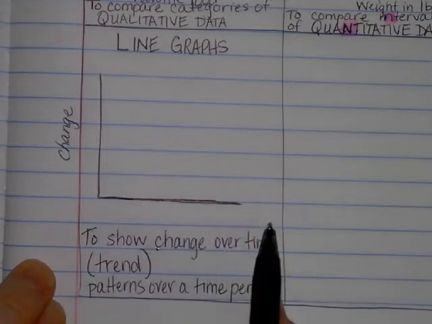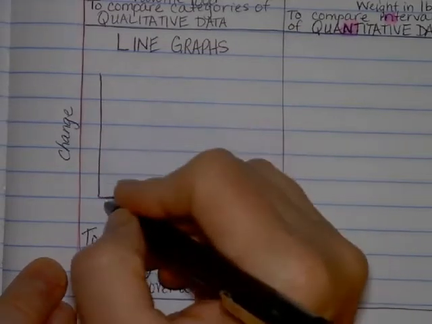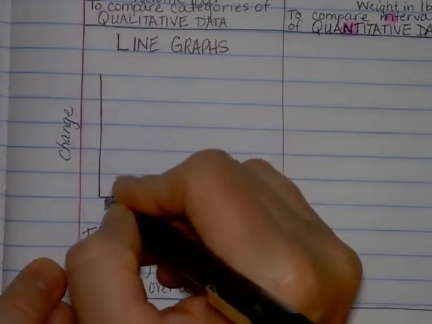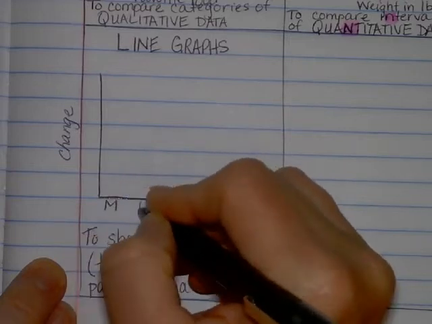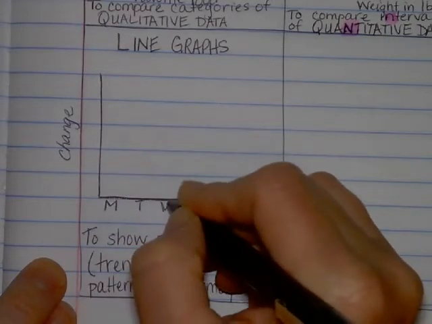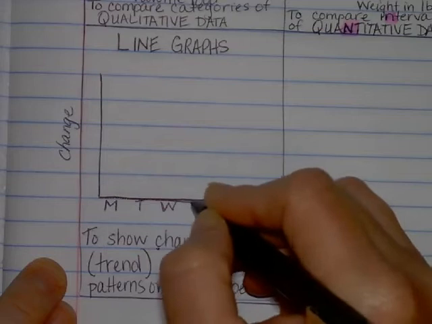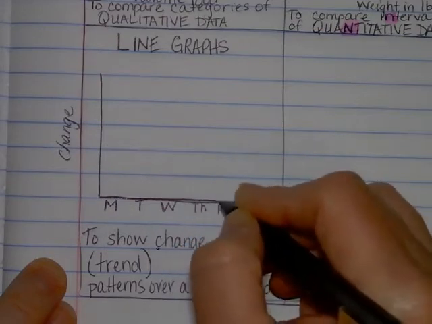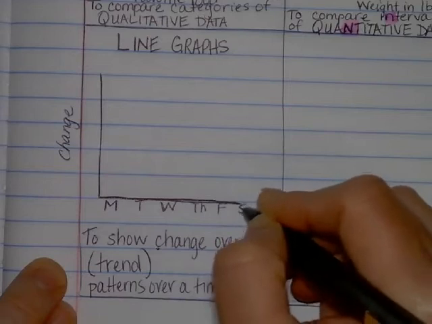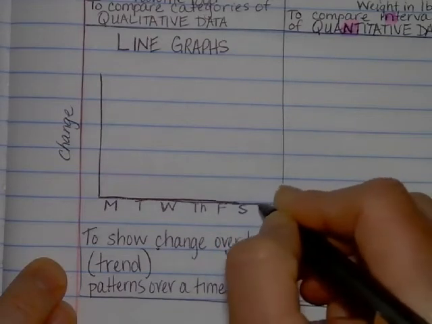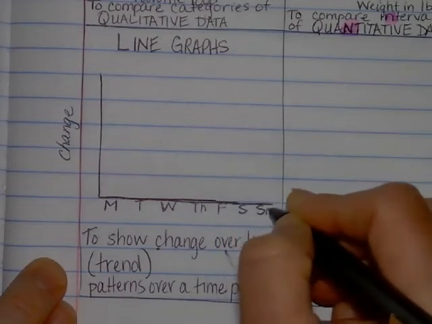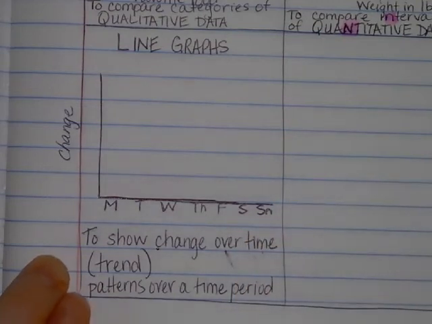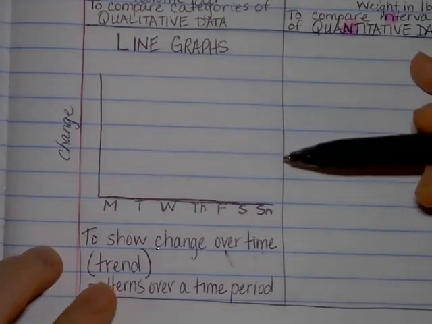It just depends on what you're measuring, okay? So I'm just going to go with some days of the week. I'll say Monday, Tuesday, Wednesday, Thursday, Friday, Saturday, Sunday, okay? And we want to show how something changes.